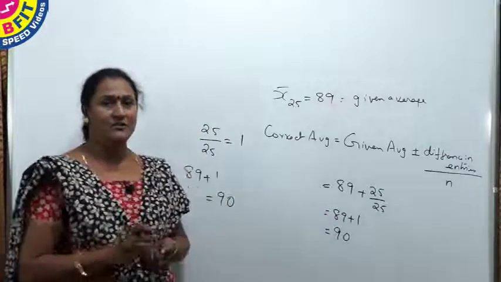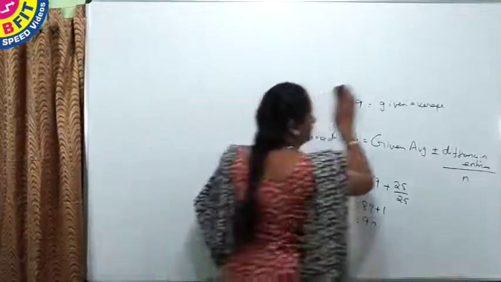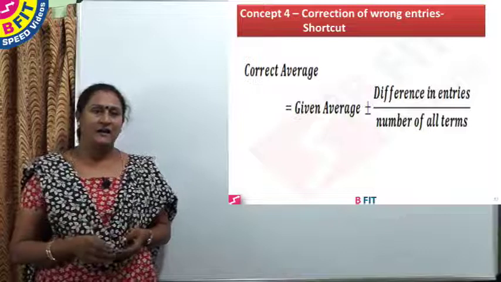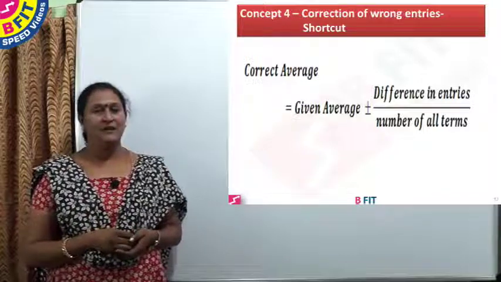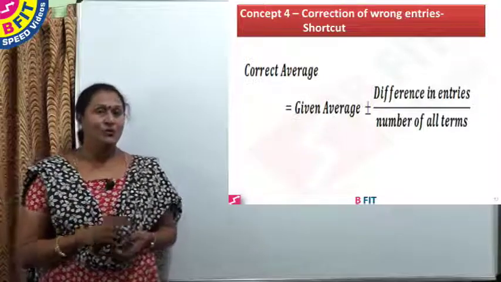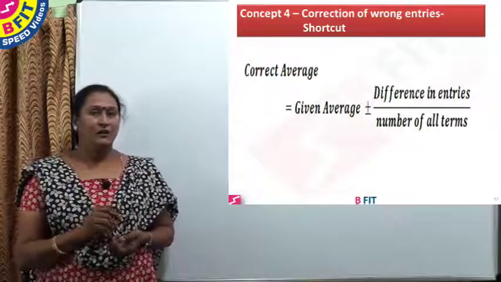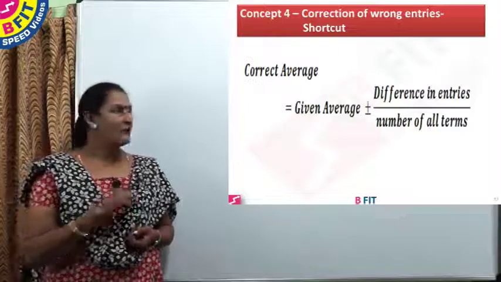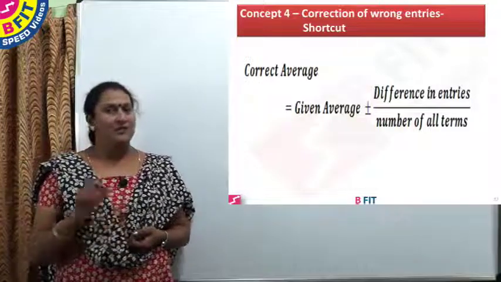So now we'll see the shortcut. The shortcut here is: correct average equals given average plus or minus difference in entries by number of terms. Here you have to note 2 points. Plus implies that whenever the overall total of correct entries is more than the overall total of wrong entries, we have the positive sign and the average will be increased, so the correct average will be more than the given average.